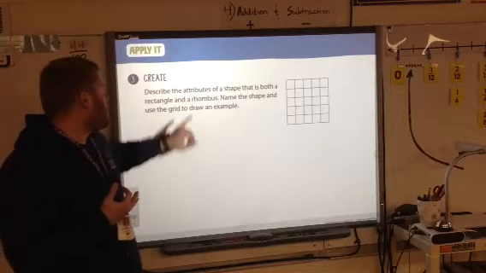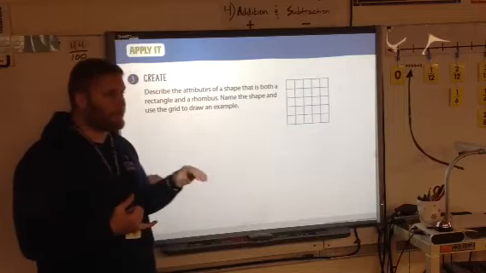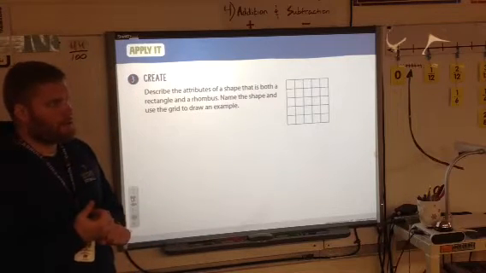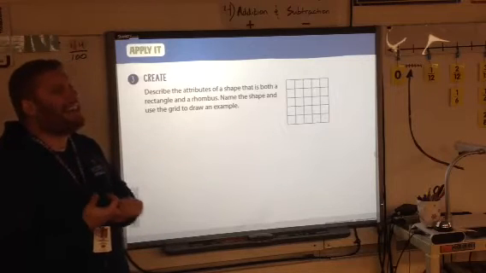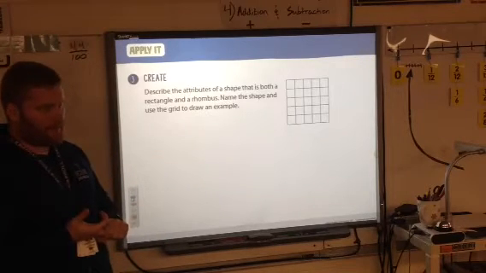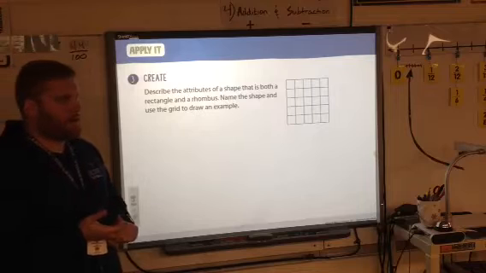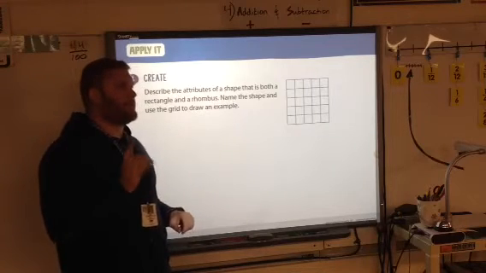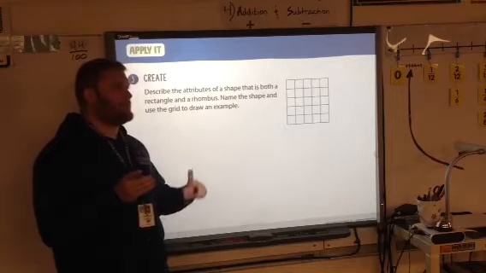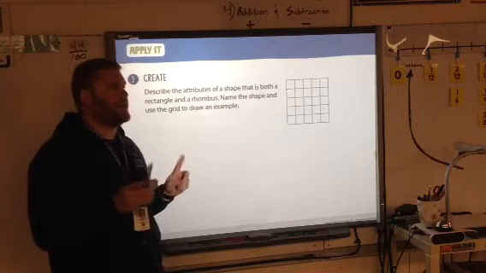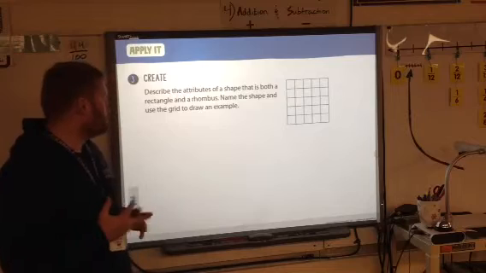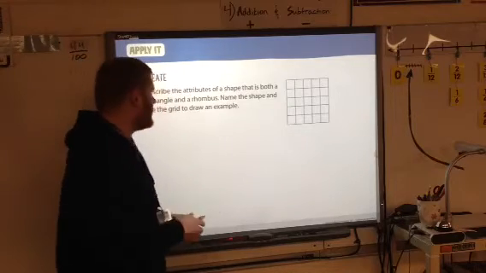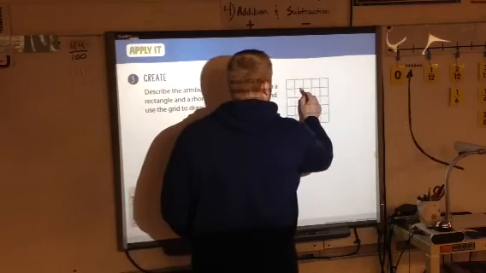Now a rhombus has to have 4 sides, 2 sets of parallel sides, as well as 4 equal length sides. Now you'll notice there's one attribute missing from the rhombus that a rectangle has, and that is 4 right angles. So what's a combination of those two?